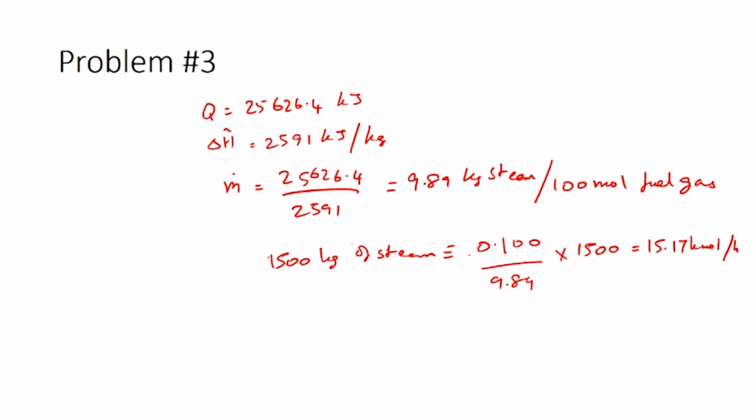So, 15.17 kilomoles of fuel gas has to be burnt per hour to get the required steam output of 1500 kilograms per hour.